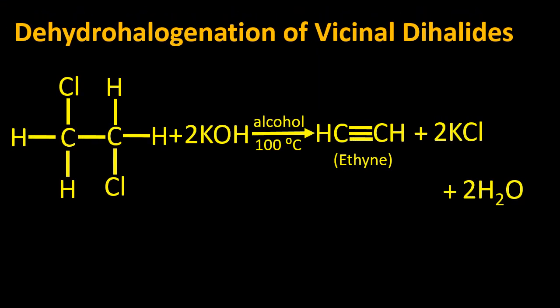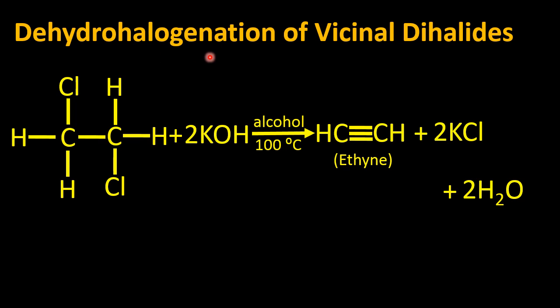Dehydrohalogenation of vicinal dihalide. The prefix de stands for removal, and the word hydro represents hydrogen. The word halogen represents group 7A: chlorine, fluorine, bromine and iodine.